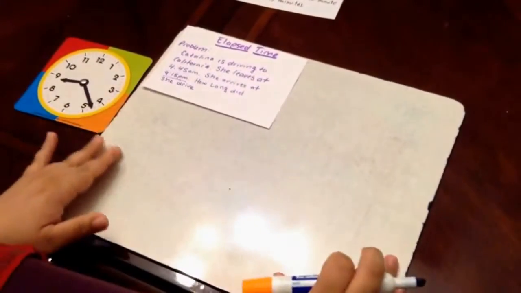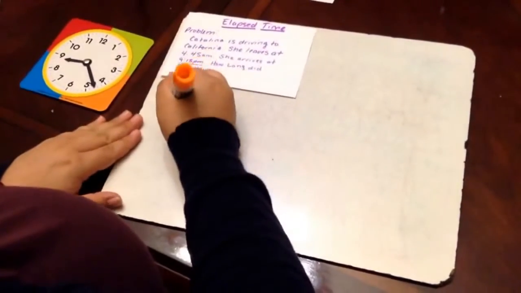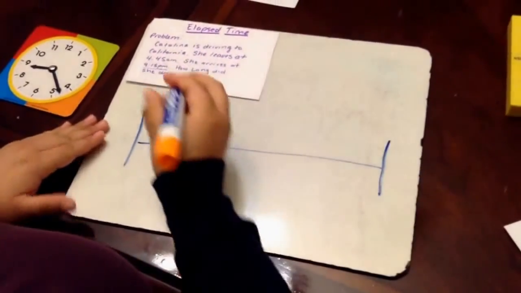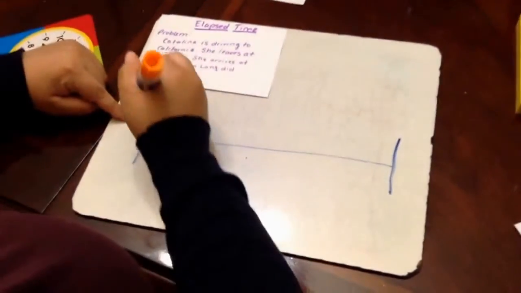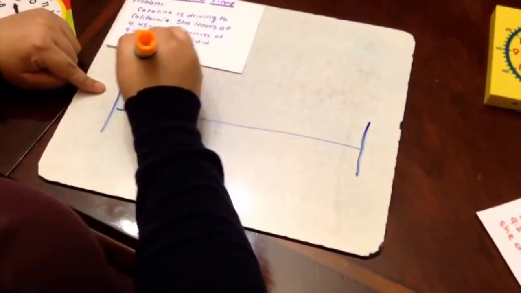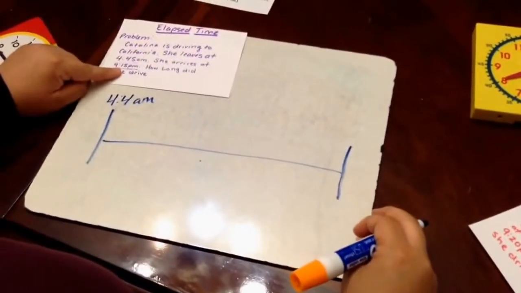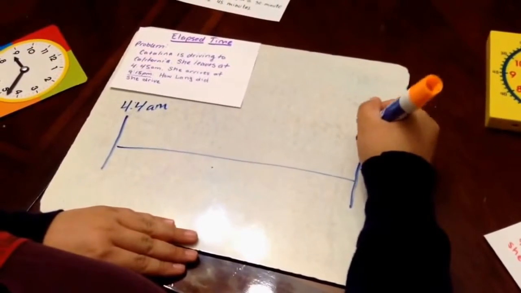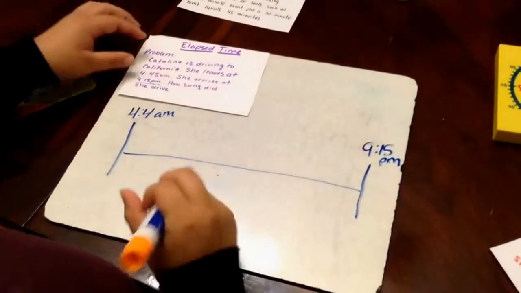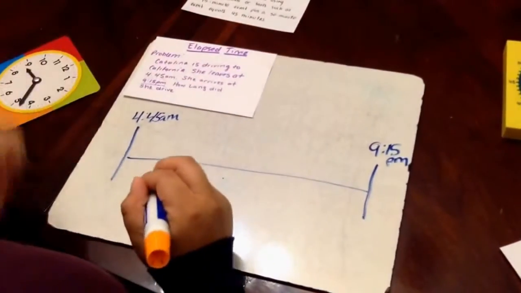One way to do this is we can do a number line. So we draw the line. Our starting time is going to be right here, 4:45 a.m. Our end time is 9:15, and that's going to be over here, 9:15 p.m. Oh, excuse me, 4:45.